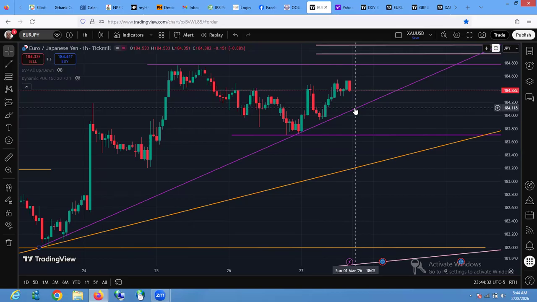probably in the middle here as a running flat is possible. They can still come down and give us a running flat. Would they give us an extended flat? We'll see. Let's see.